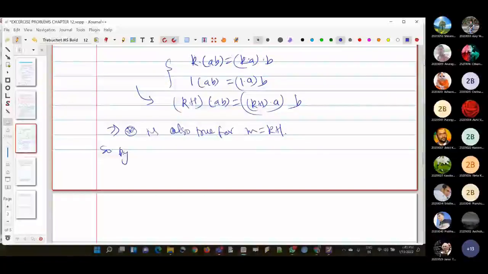So by the principle of mathematical induction, star is true for all m and n belonging to integers.